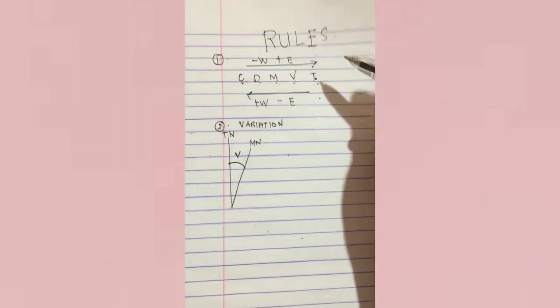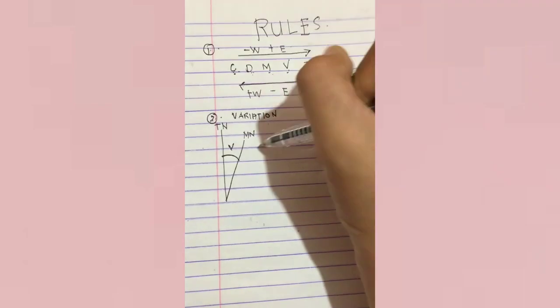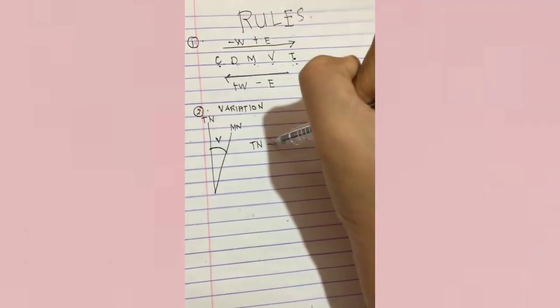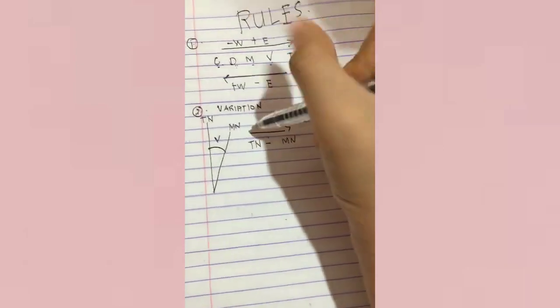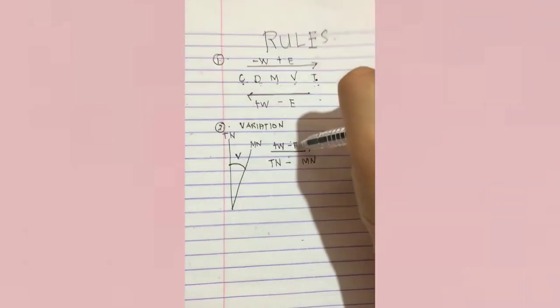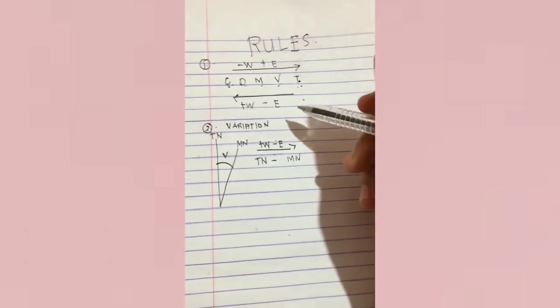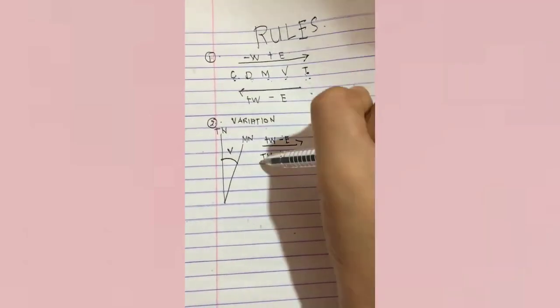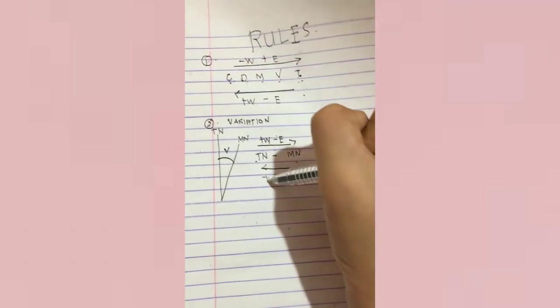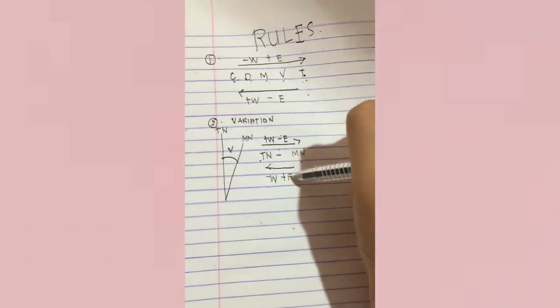So the first rule when calculating the variation, when you want to calculate from true north to magnetic north, we should add westerly and subtract easterly. If you want to calculate from magnetic north to true north, you should subtract westerly and add easterly.